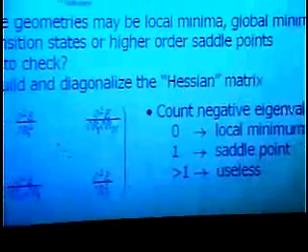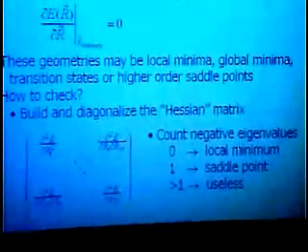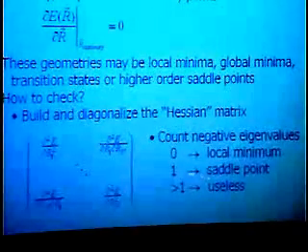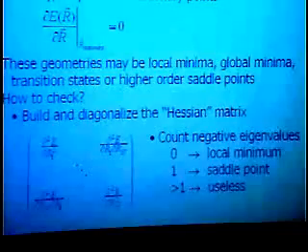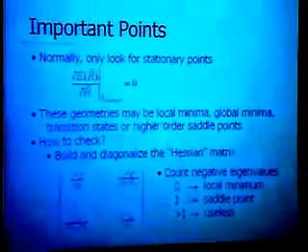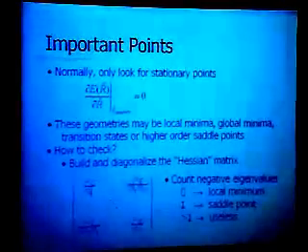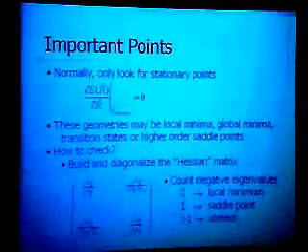And then you count how many negative eigenvalues you have. Zero is a local minimum, not necessarily the global minimum, but some sort of local minimum. One is a saddle point, and greater than 1 is useless, because that means it's some higher order saddle point, which has multiple directions going down, connecting not reactant and product, but reactant with other reactant, with product, with other product.